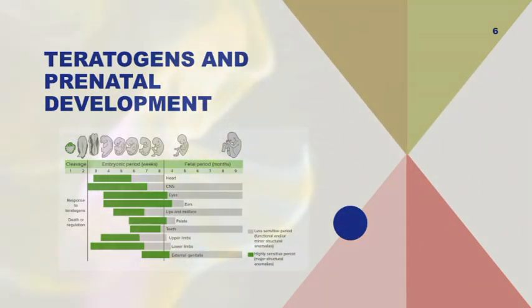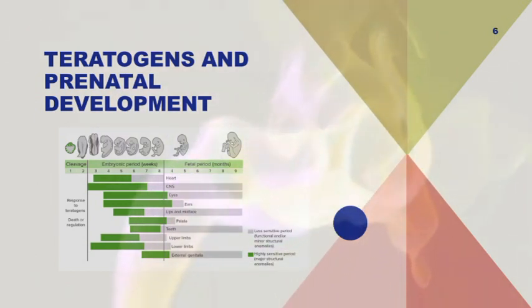And teratogens can encompass a wide range of substances, and these are not limited to, but include drugs and alcohol. Alcohol is absolutely horrible in the development of an embryo or fetus.